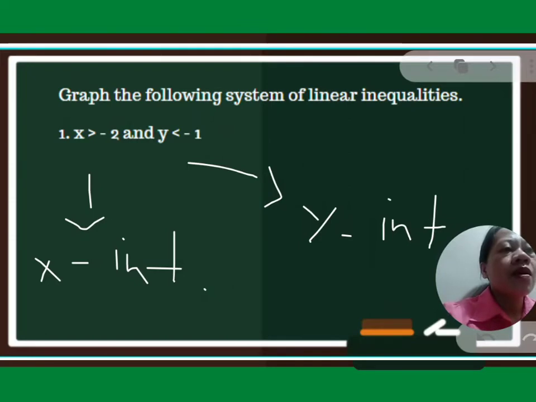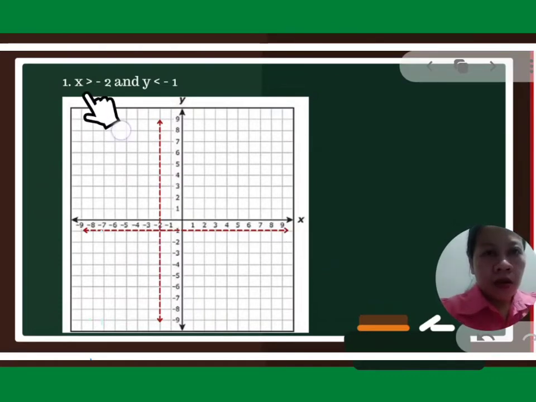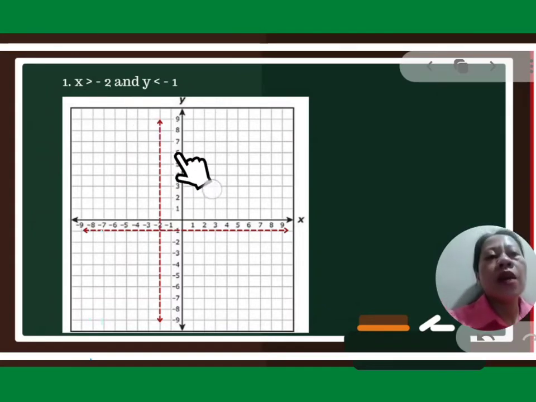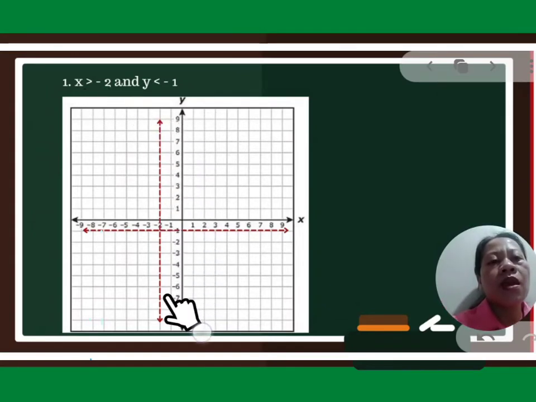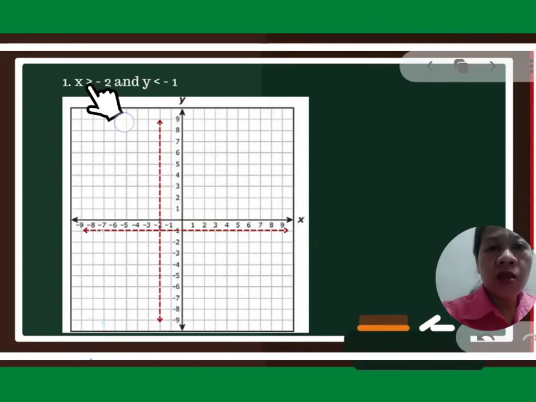Okay. So, ang kasunod na gagawin is to draw the lines of the two inequalities. So, this inequality here, x is greater than negative 2, the line would be this one. Okay, broken line dahil ang symbol po natin ay greater than. So tandaan kapag ang symbol ay greater than or di kaya less than, ang line po natin ay broken or dash line.